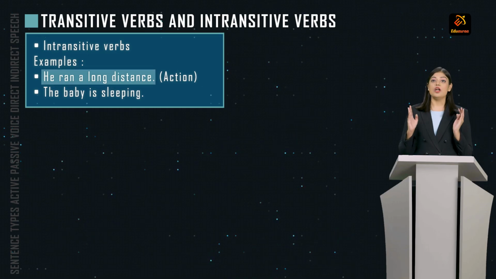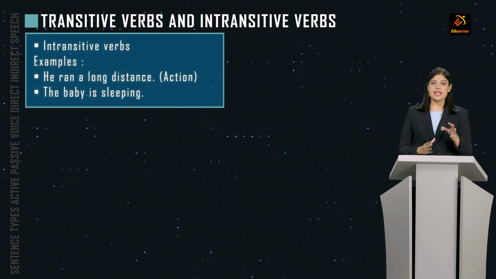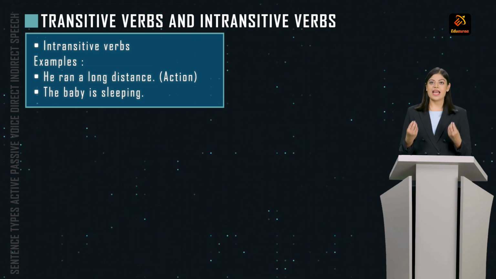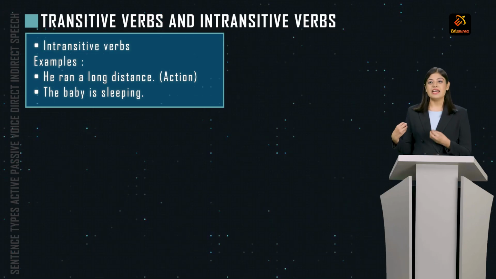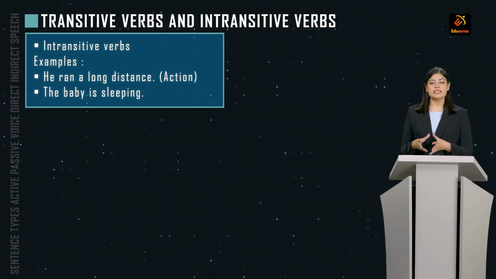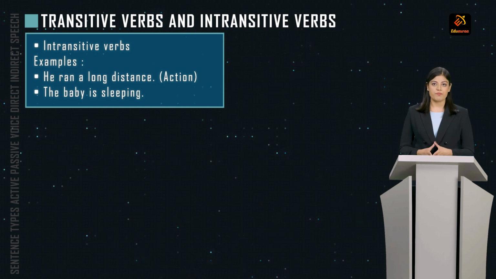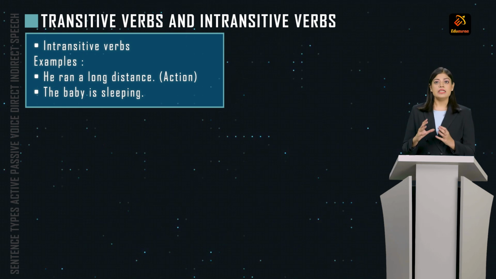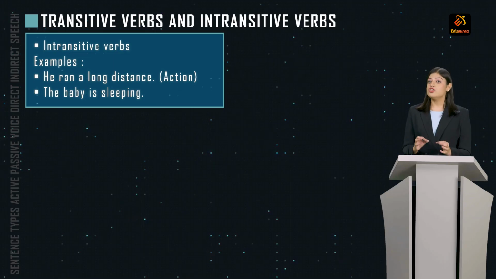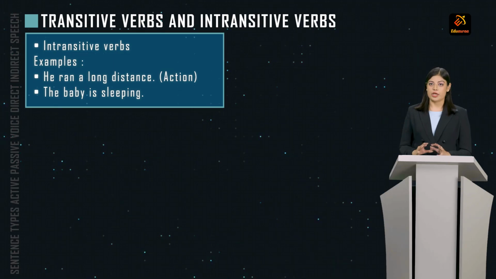He ran a long distance. He is my subject. Ran is the action that he performed, so ran is my verb. But is there a recipient of the running? Is there a recipient of the action? No. All it says is he ran a long distance. Now, long distance is not exactly an object.